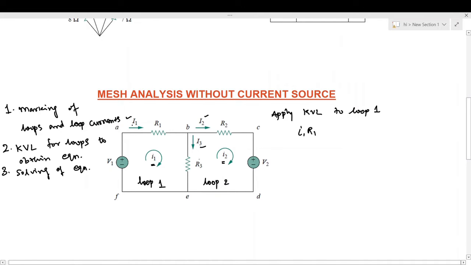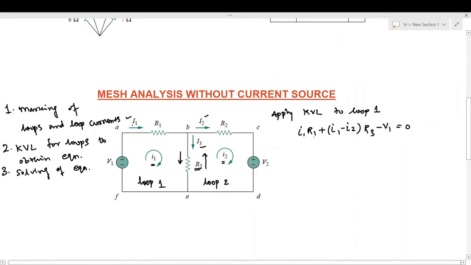The current flowing through the resistor R3: loop current i1 is flowing in this direction and loop current i2 is flowing opposite to i1. So the voltage drop across R3 will be the difference of currents, that is i1 minus i2 into R3, and further the arrow will meet the negative terminal of V1, so we can write negative V1, which is equal to 0.